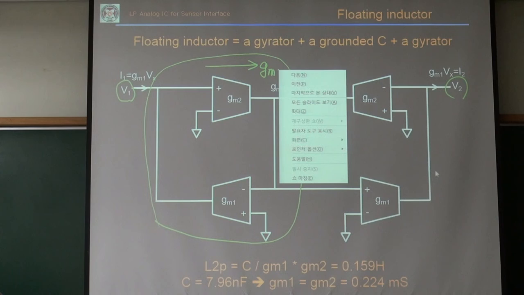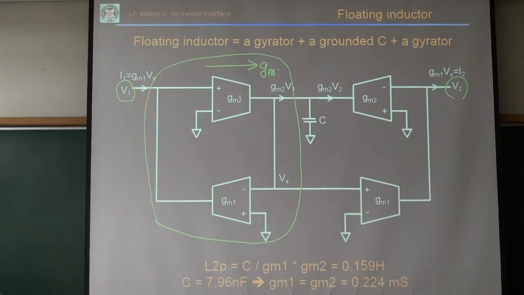For simplicity, I make all of them GM1. If it is GM1, GM2, then my inductor is C over GM1 GM2, but for simplicity, we just put GM1.